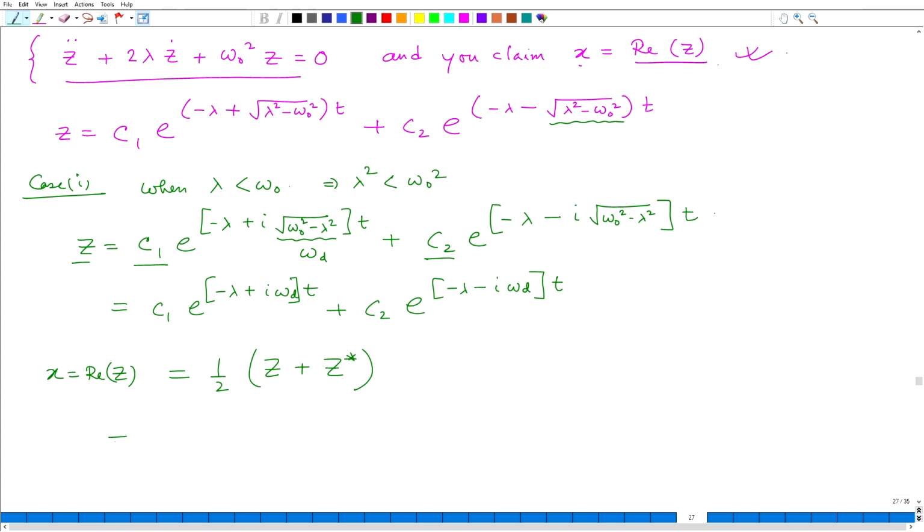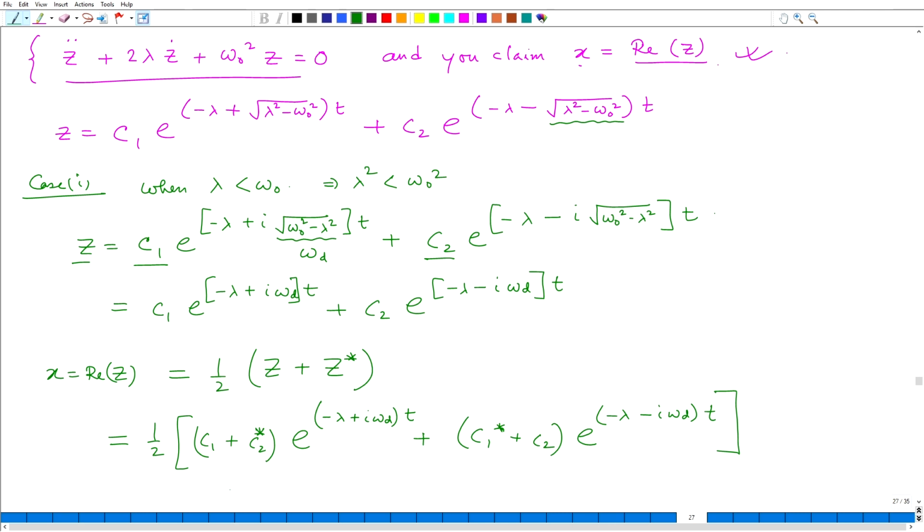If you do it carefully, it will give you half of c1 plus c2 conjugate, e to the minus lambda plus I omega d t, plus c1 conjugate plus c2, e to the minus lambda minus I omega d t.